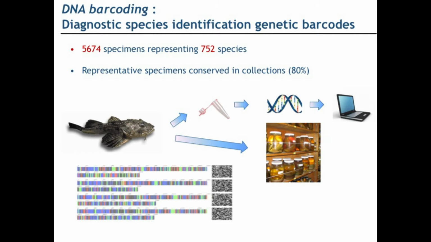So essentially what we did, we sequenced nearly 6,000 specimens representing 752 species that were identified by us or other experts that could actually identify the fish. And representative specimens could be conserved in collections for 80% of the 752 species.